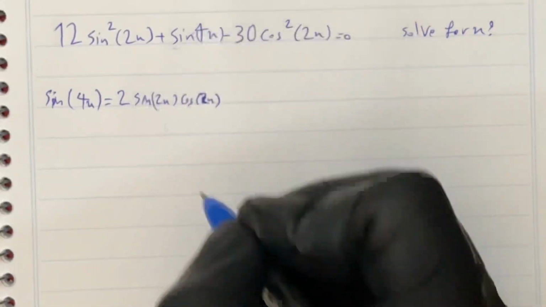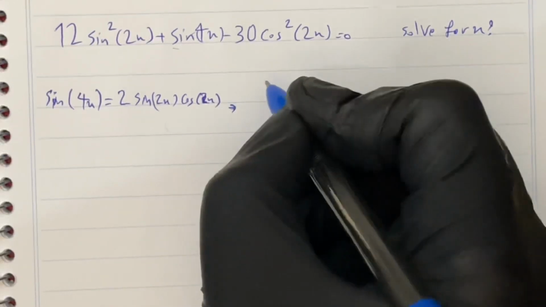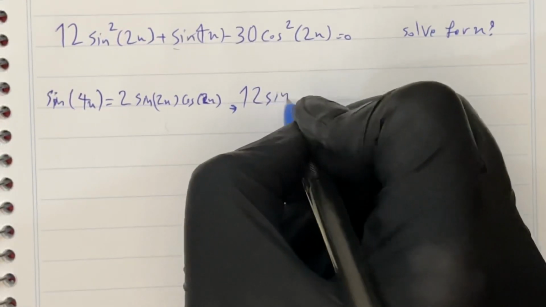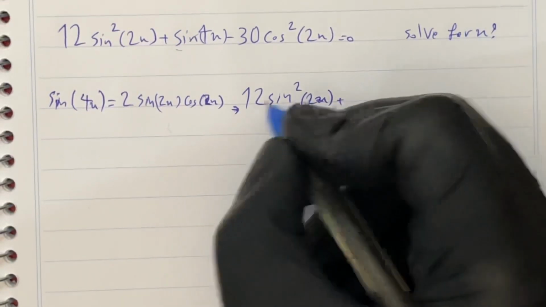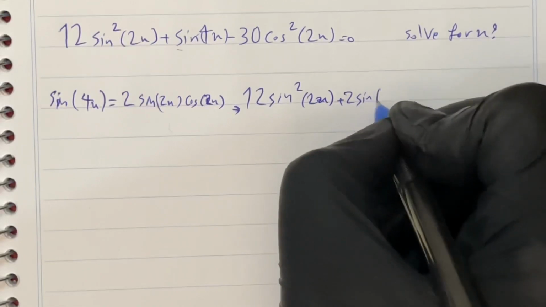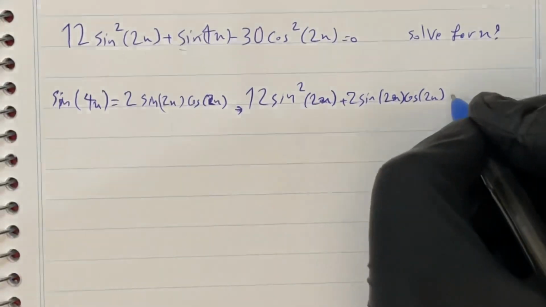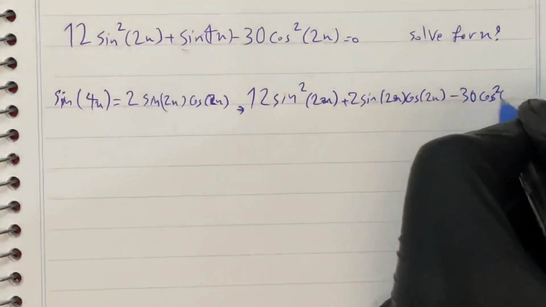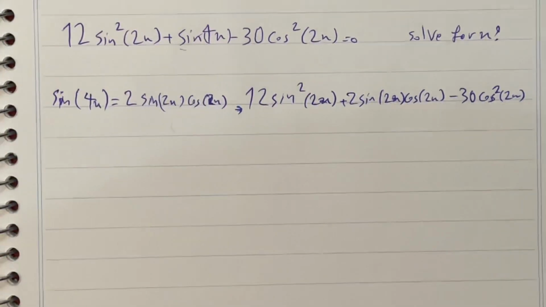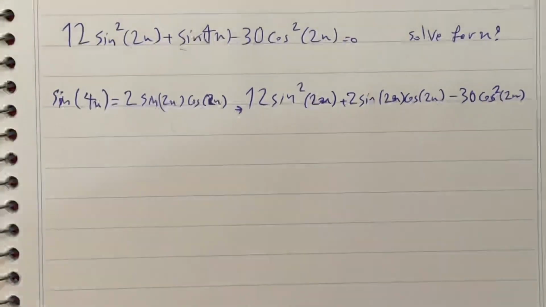So let's just substitute this in here and write our equation. We will have 12 sine squared of 2x, sorry for my bad writing, plus 2 sine 2x cos 2x minus 30 cos squared of 2x. Now we have the terms simplified, and we have a nice, clear quadratic equation.